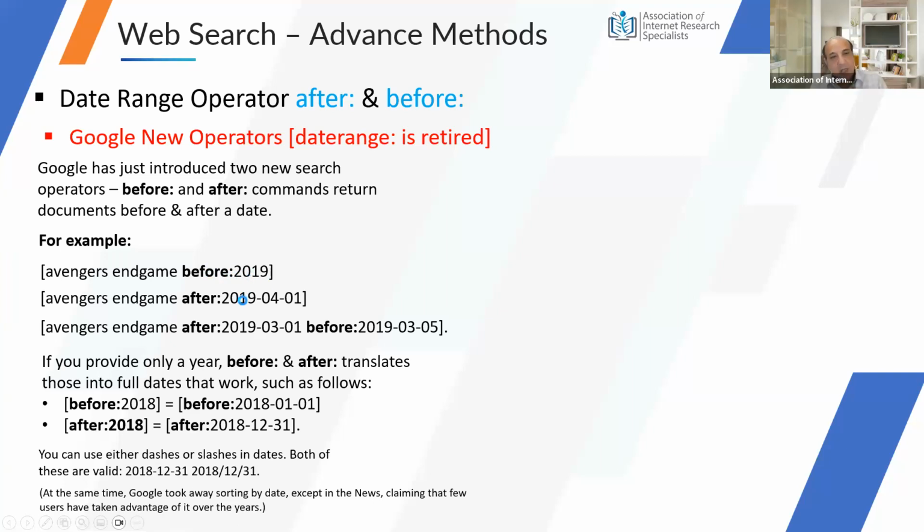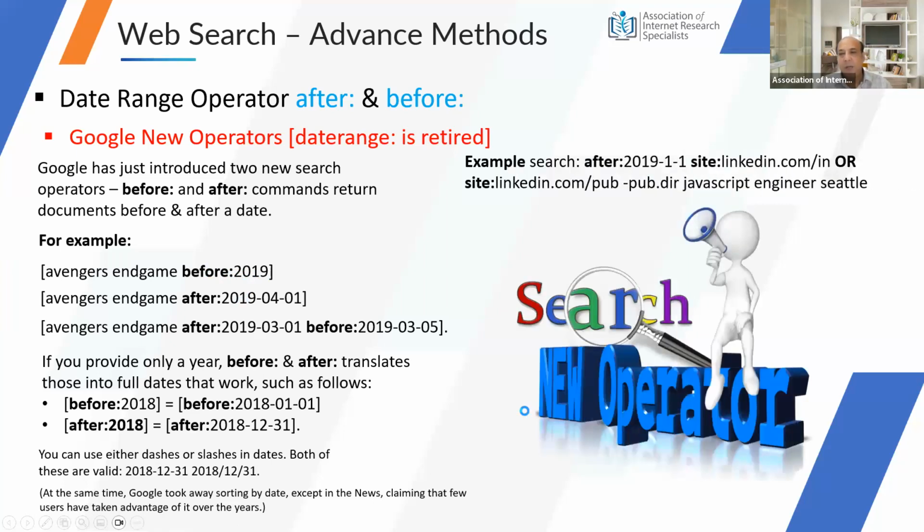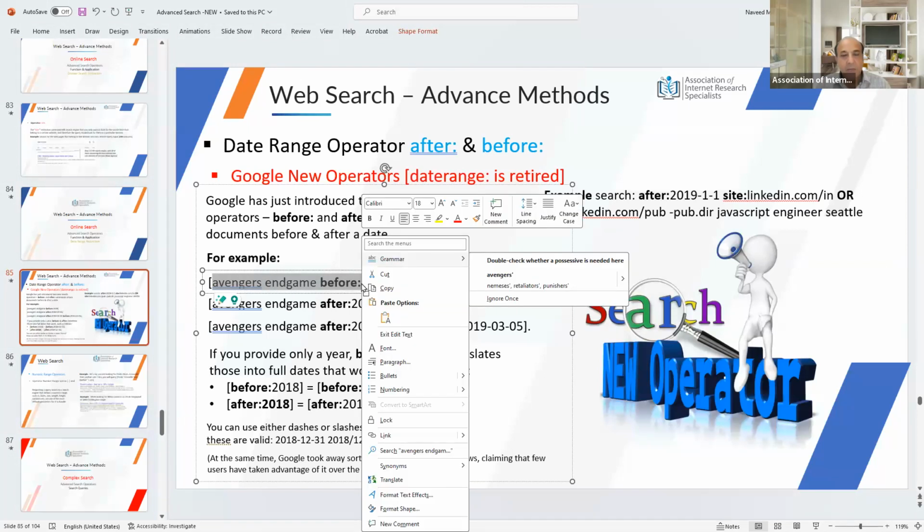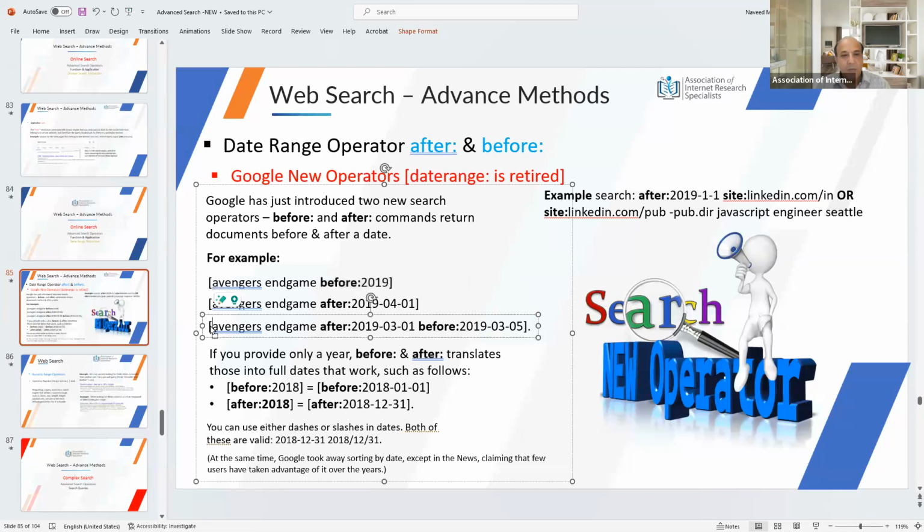But let me make it clearer because it is so far a bit of a confusion in how it is written or how dates are written. So I'm going to make it easy. Let me start with the example. Let's just take this.